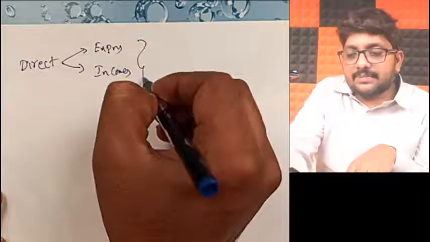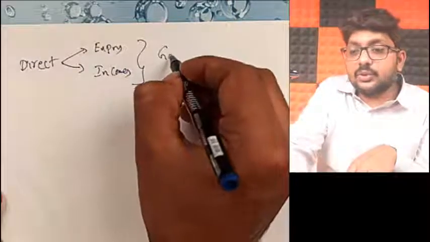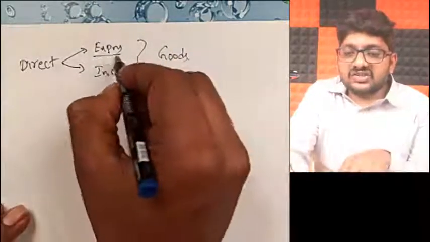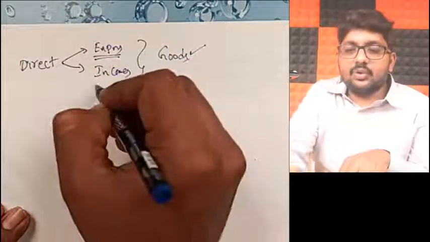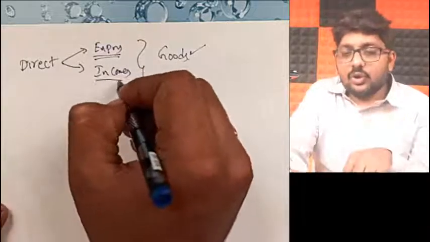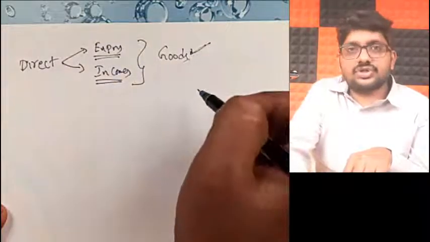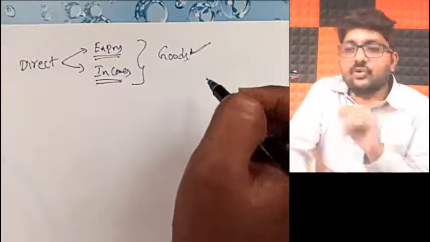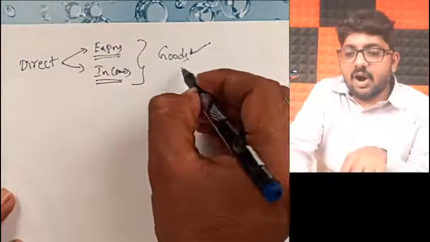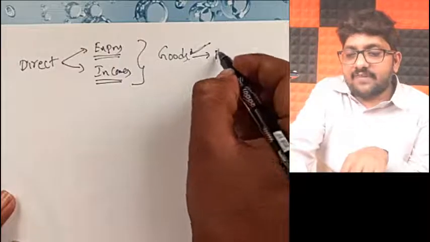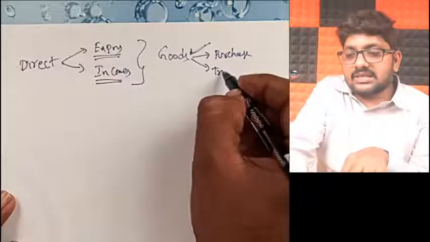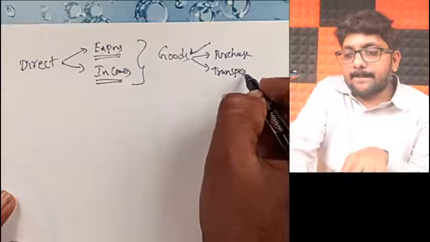Those are incomes and expenses in relation to goods, friends. In simple terms, if you spend for the sake of goods, it can be for the purchase of goods, or towards transportation of goods.